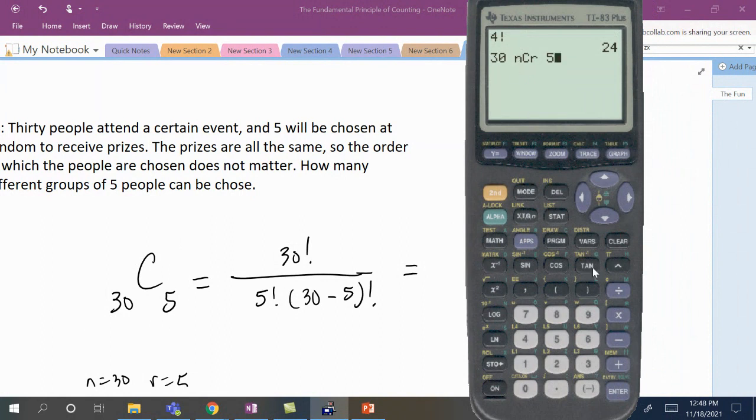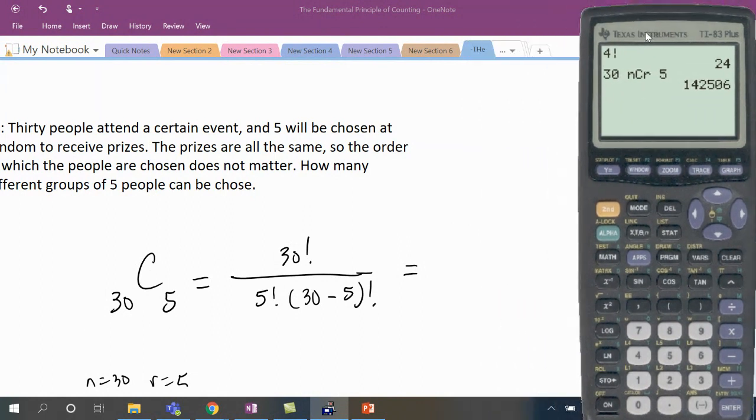So I have 30 choose 5, and we have the result as 142,506 possible combinations. So here we have a total number of combinations.